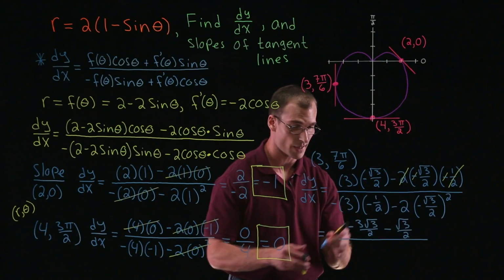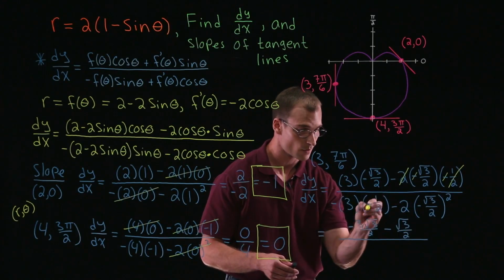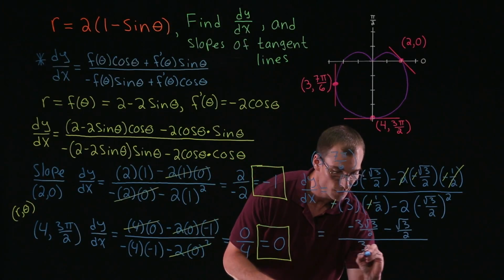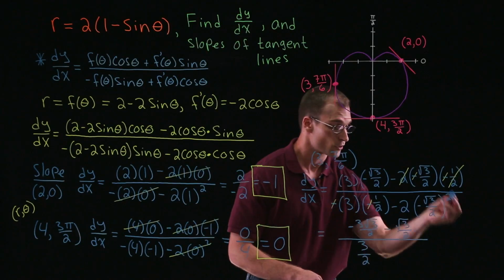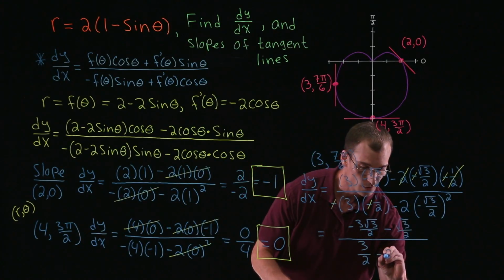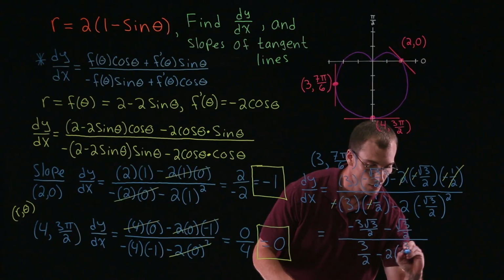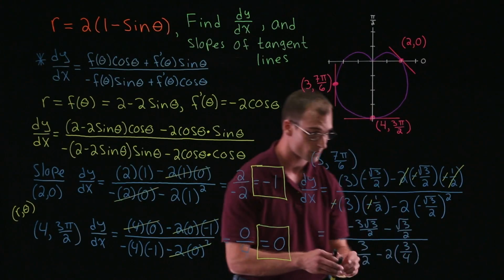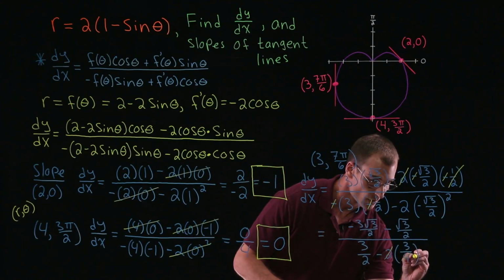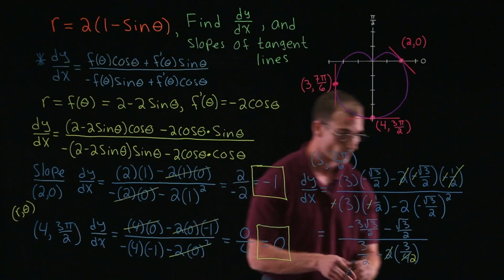Okay, now the denominator. So for the denominator, these top 2 negatives would cancel. So that gives us, say, positive 3/2. And squaring our negative root 3 over 2, we're going to have minus 2 times, say, a positive 3/4. And of course, this 2 will cancel with our 4, leaving us with a 2 on the bottom.